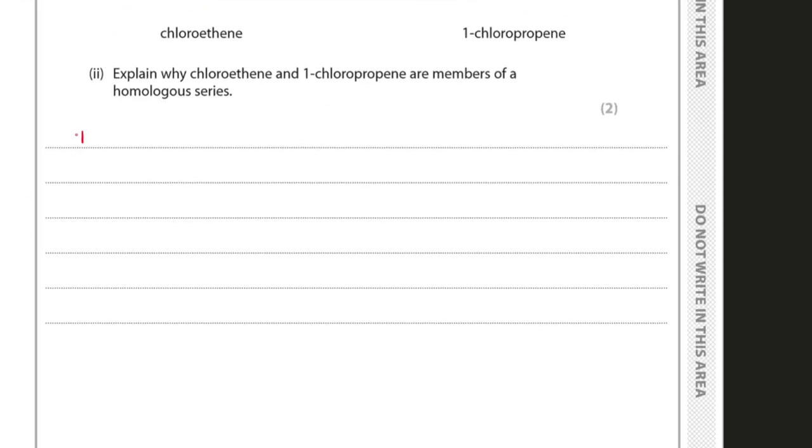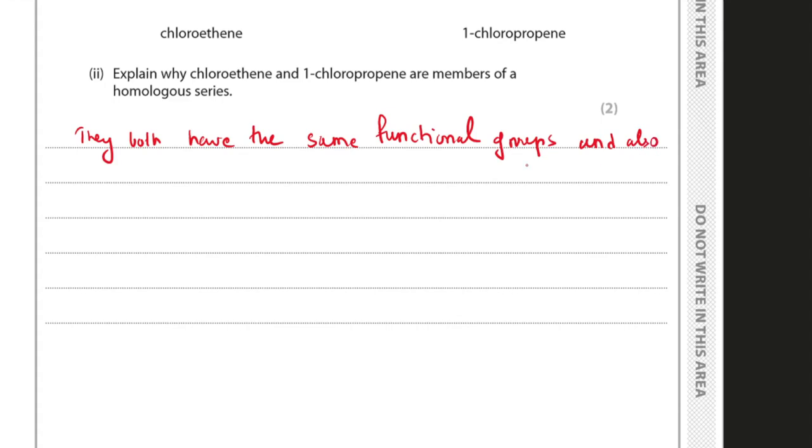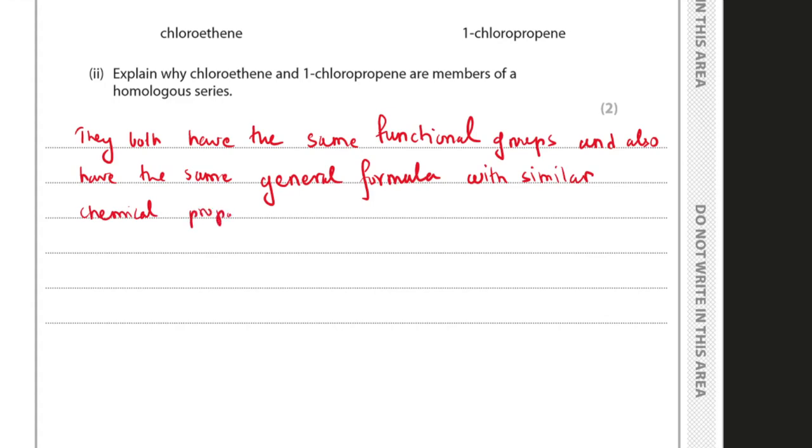So we can say they both have the same functional groups and also have the same general formula with similar chemical properties. Why am I saying similar chemical properties?